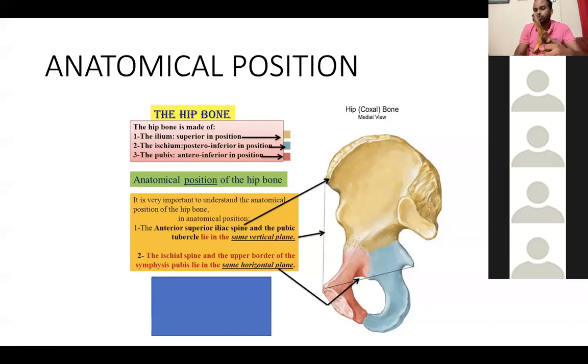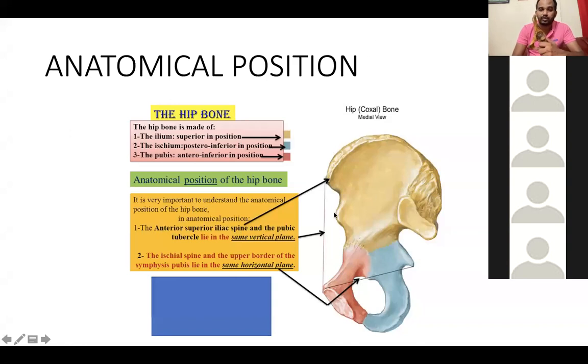So you have to hold the bone in such a way that the anterior superior iliac spine and the pubic tubercle lie in the same vertical plane, and the ischial spine and the pubic symphysis lie in the same horizontal plane. This will make you hold the bone in anatomical position.